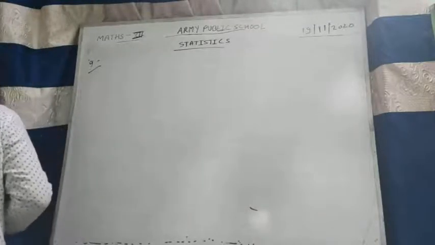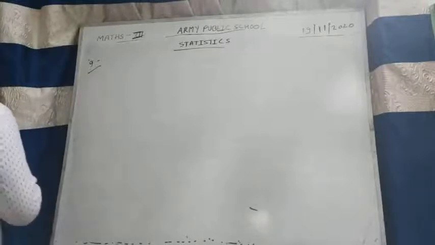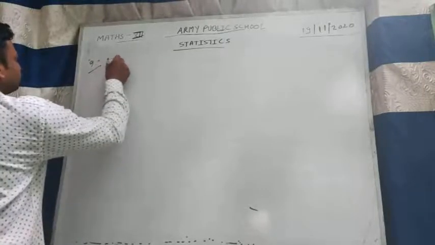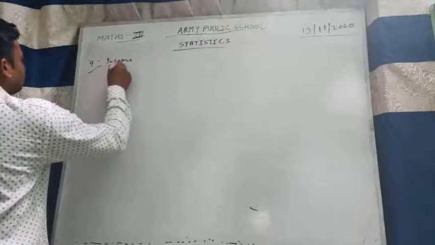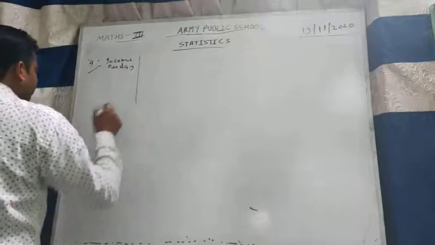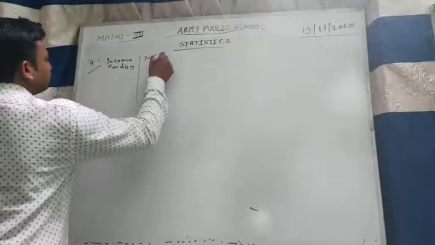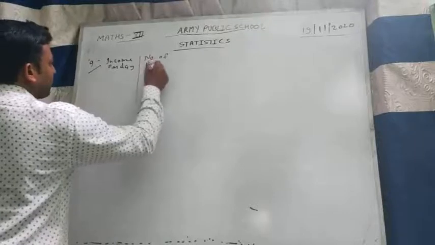We have to give in the data: income per day, and number of persons.